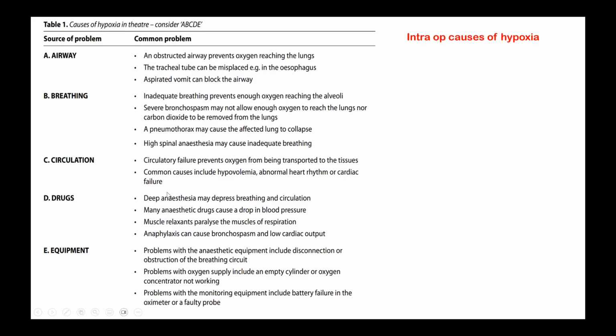And several drugs can be the cause: deep anesthesia, depressing both the respiratory and the cardiovascular system, and drugs which cause sudden hypotension, like your induction agents, especially in the elderly or hypovolemic patients. When you give an induction agent rapidly, that will lead to hypotension, which may again lead to hypoxemia.